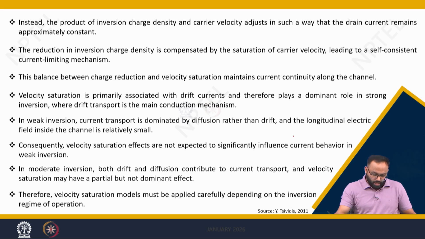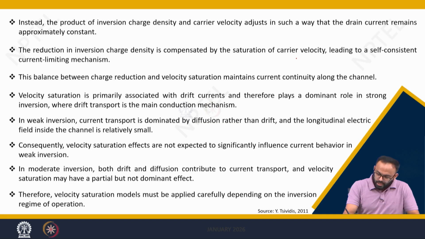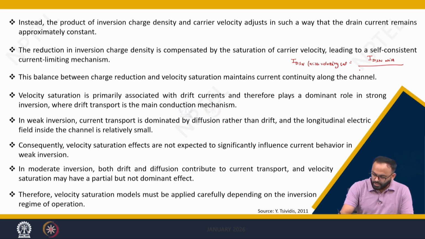Now if we include these phenomena in our models, what we have derived is IDSN with velocity saturation equals IDSN without velocity saturation divided by a factor in the denominator, suppose we are using that model.